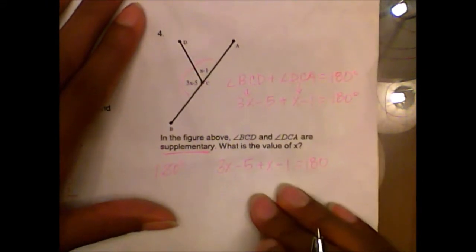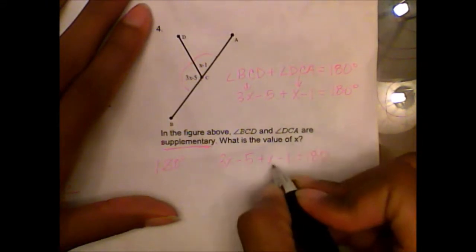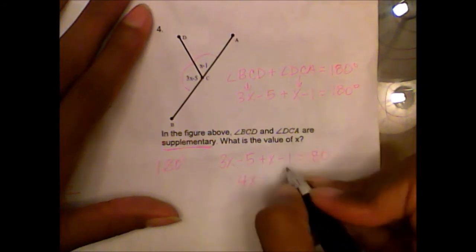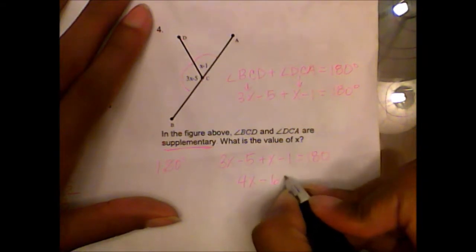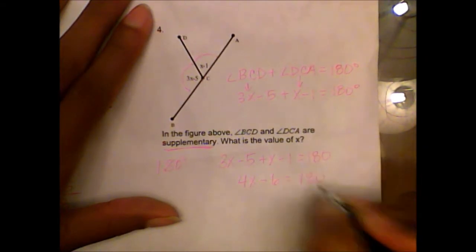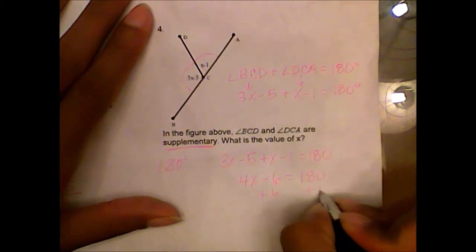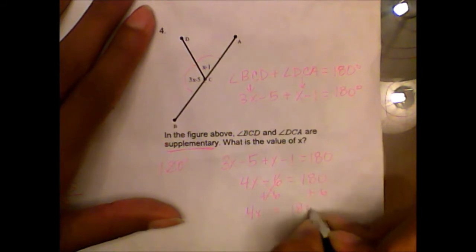The first thing I want to do is simplify this. If I add 3x plus x, I get 4x. And if I add negative 5 plus negative 1, I get negative 6, or minus 6. First step in solving this is to add 6 to both sides. I'm left with 4x equals 186.